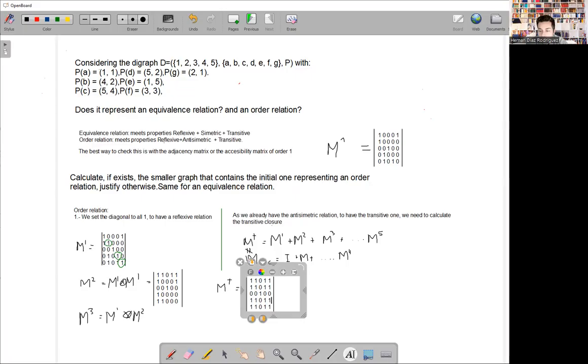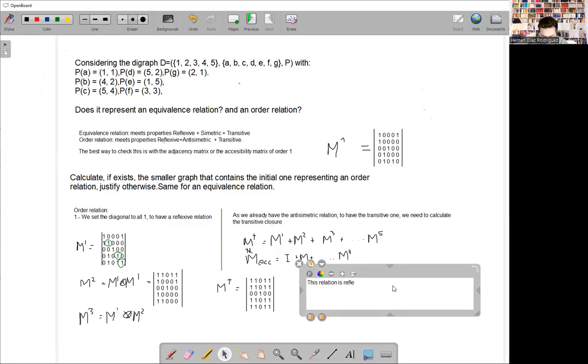So we can conclude that this relation is reflexive and transitive, right? Because we have added ones on the diagonal, and we have calculated the transitive closure, right? But it's not antisymmetric.